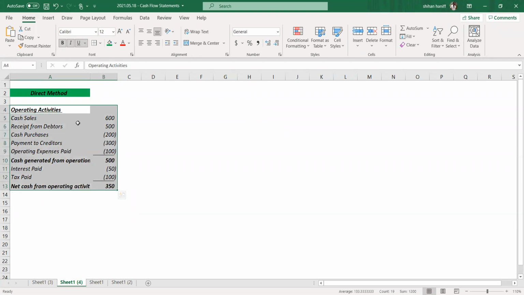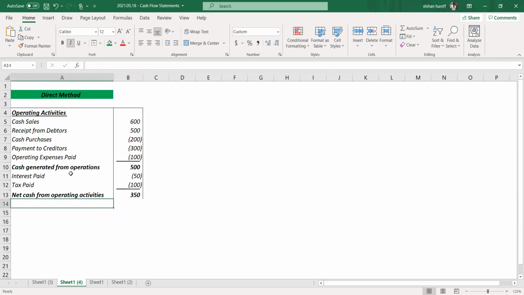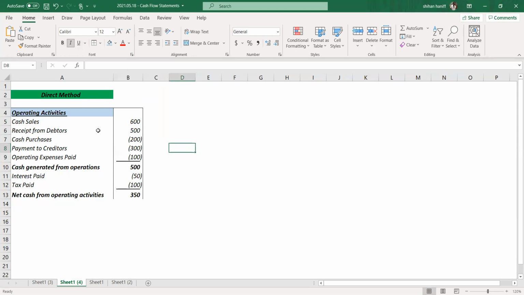And this is how we show the cash flow from operating activities in the direct method. Very important. So when you write this direct method, operating activities is the heading. Directly give.